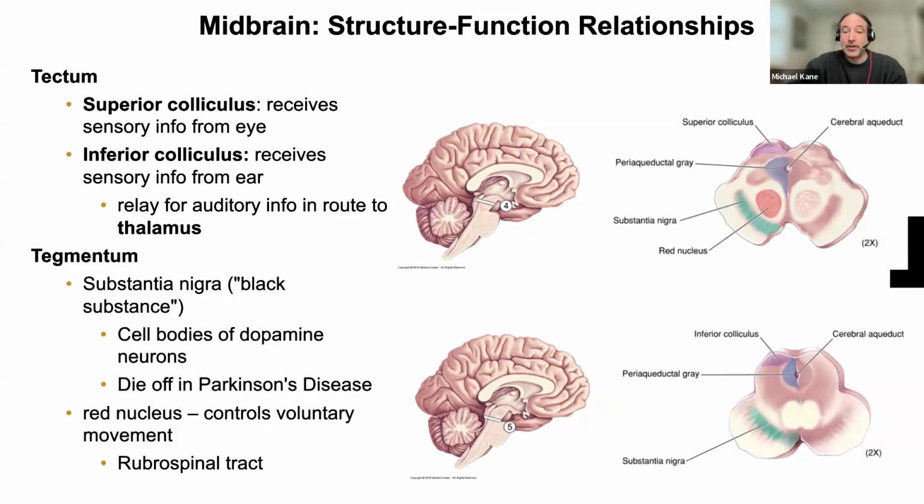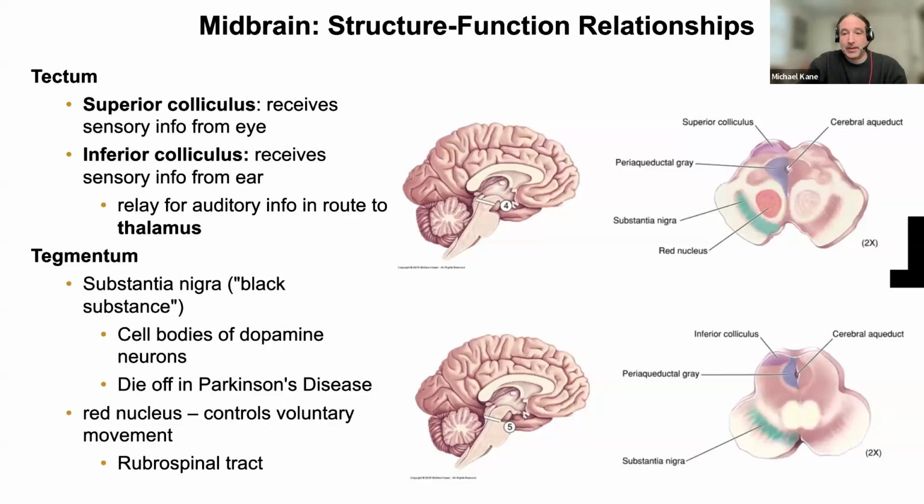But we call it the substantia nigra because on gross dissection, if we were to dissect the brain out fresh and cut through this region of the midbrain, we would open it up and see a very black looking substance. This region is important because it contains the cell bodies of the dopamine neurons. In Parkinson's disease, it is these dopamine neurons in the substantia nigra that degenerate over time and give rise to the clinical symptoms of Parkinson's disease.